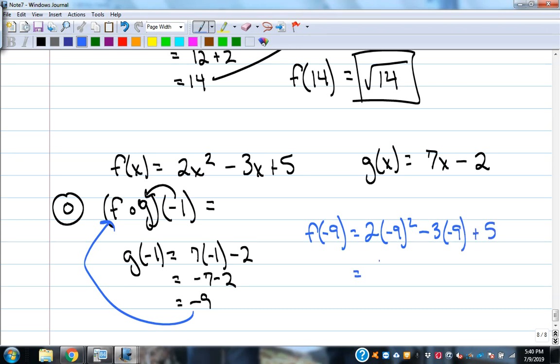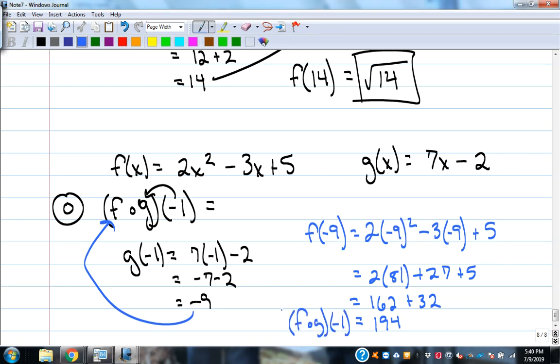It's 2 times 81 plus 27 plus 5. So that'd be 162 plus 32, which is 194. So f composed with g of negative 1 is 194.